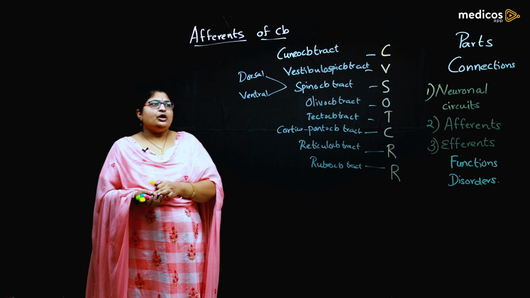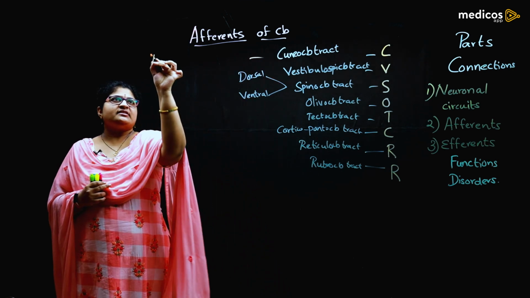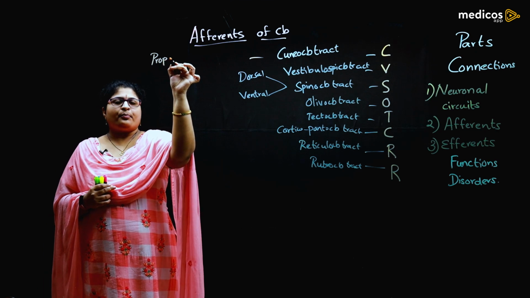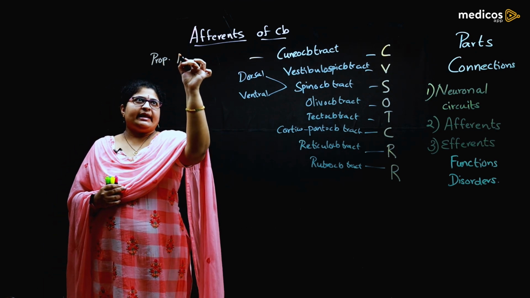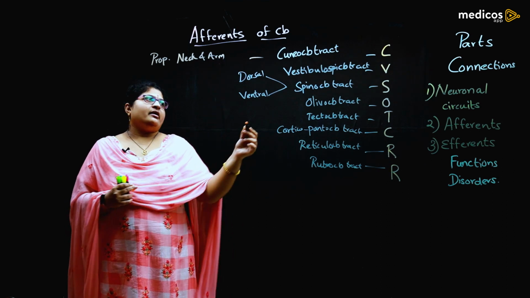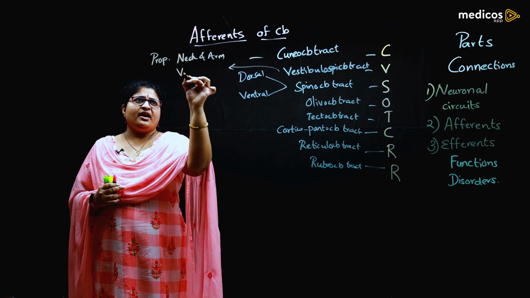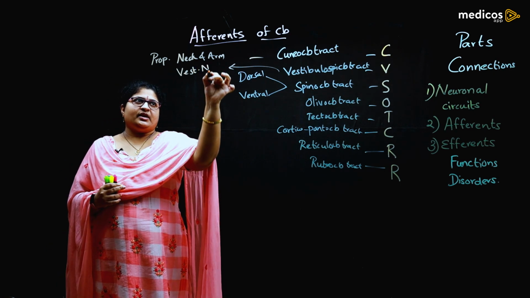Okay, right. Cuneo-cerebellar tract carries proprioceptive sensations, proprioception from neck and arm muscles. Of course vestibulocerebellar tract carries information from the vestibular nucleus.